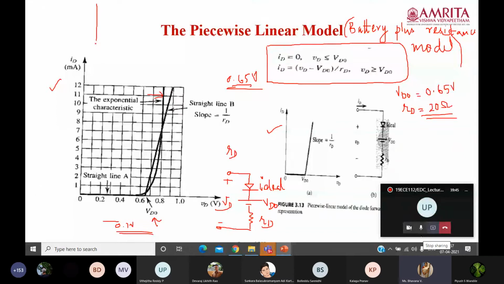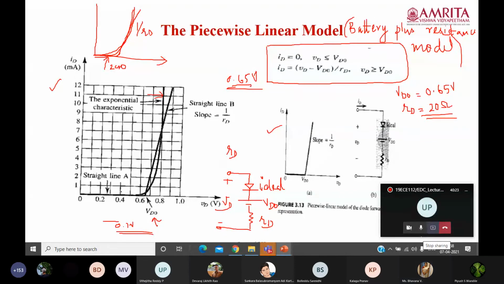So I have the exponential characteristics. This you know, right? This one, I am approximating to two straight lines. This one is with a 0 slope and this one with a slope of 1 by RD. So if you take each piece, the response is linear. Is it clear?